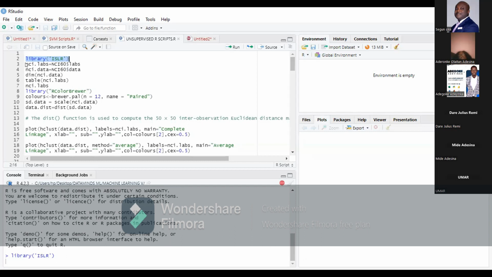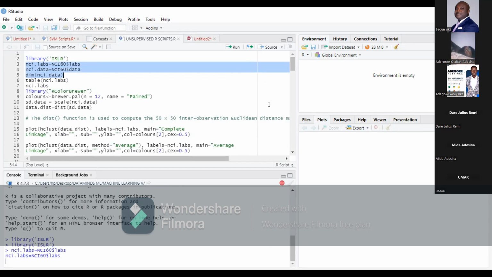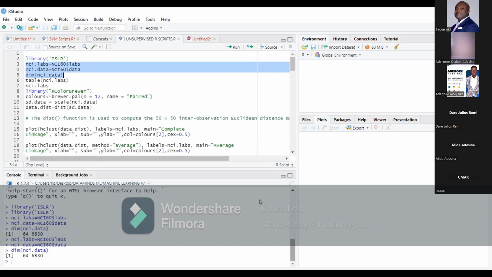We look at these lines, then we can pick the dimension for us to see. We run these 3 lines. Okay, we can see the dimension.